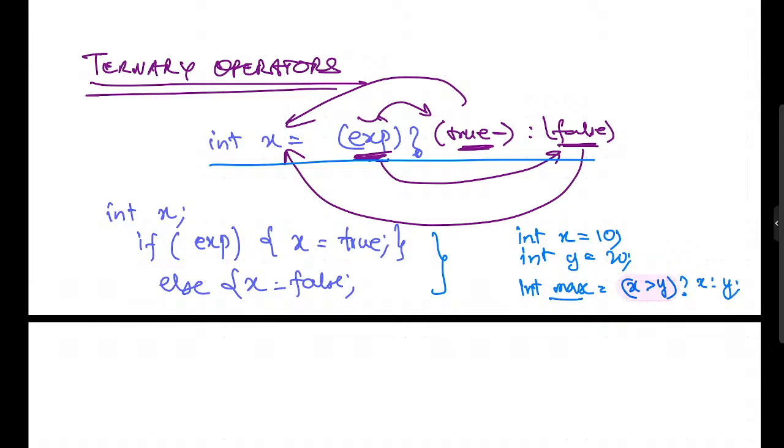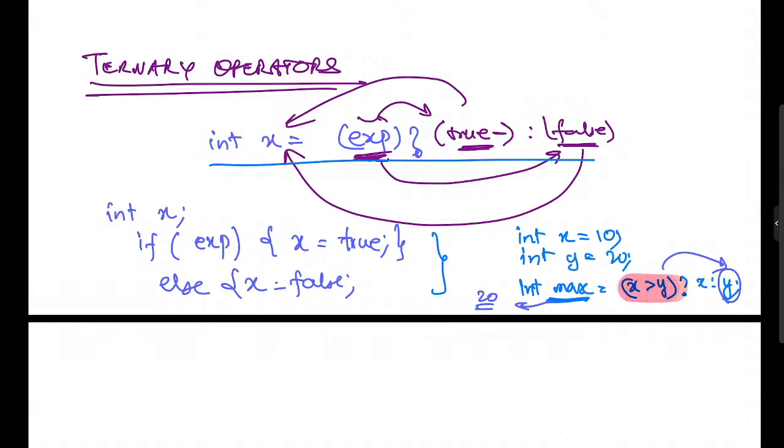What will your max be? Max will be 20, because y is actually greater than x. So this will be false. If this is false, your answer will come from the right side of the colon. This is what the ternary operator is. It's very simple.